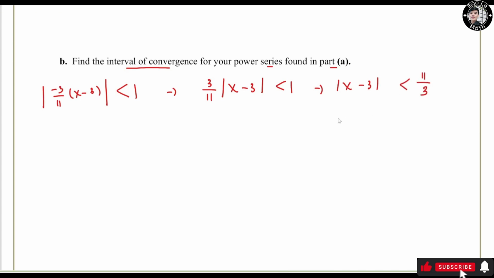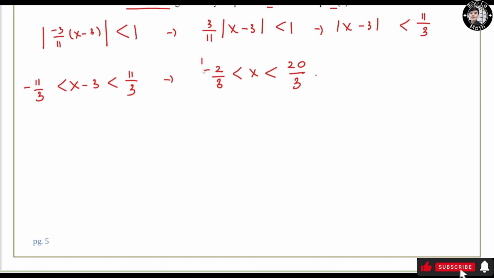So x minus 3 is less than 11 over 3 and greater than negative 11 over 3. Now I add 3 to all sides, so it's going to be negative 2 over 3 less than x less than 20 over 3. So the interval of convergence is right here, and it's your time to stop.